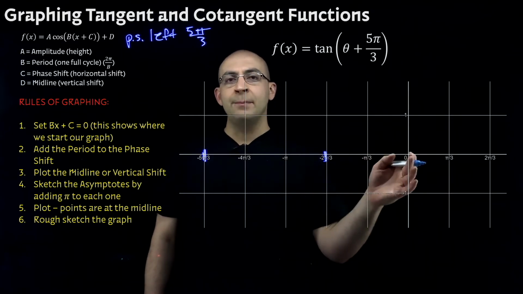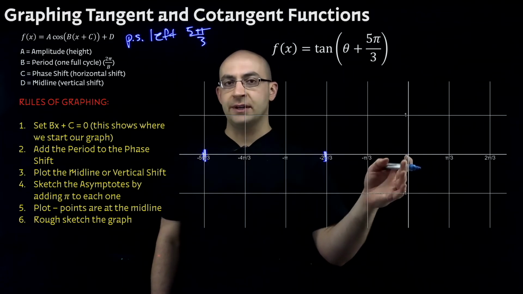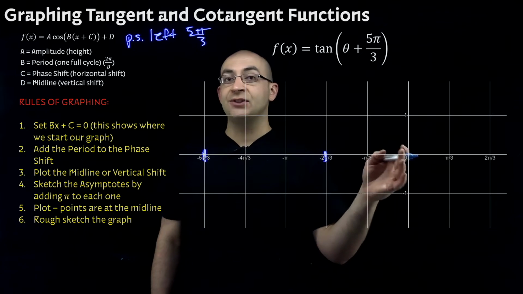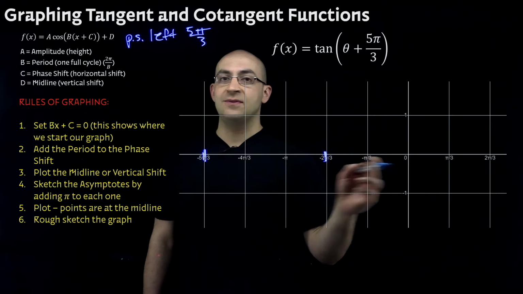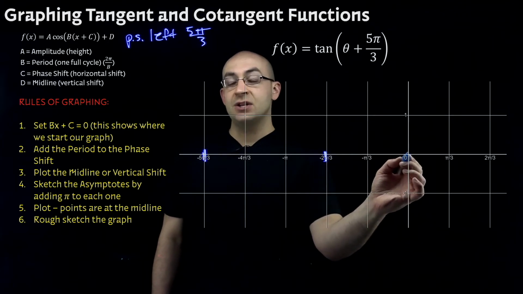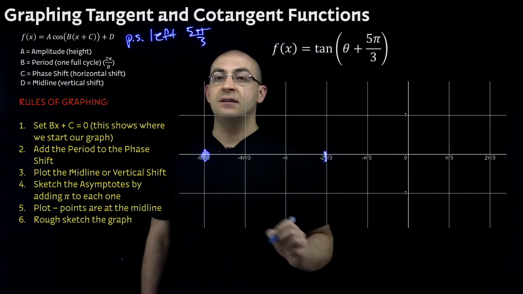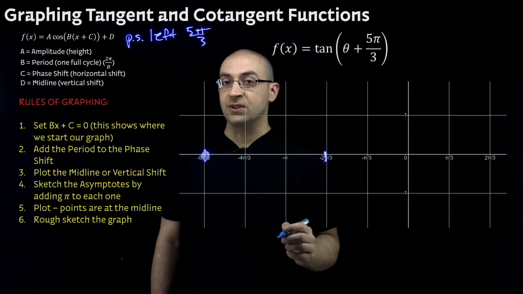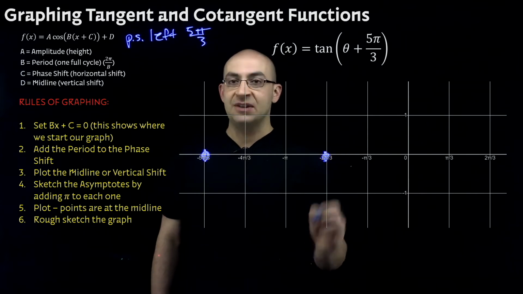So remember that in tangent, tan at 0 degrees, there is actually a dot at 0 degrees. But we made a phase shift left 5 pi over 3. So because tangent does go through the origin, that means there's actually a dot here at negative 5 pi over 3, our first value, which means that there must be a dot also at the end of the period.